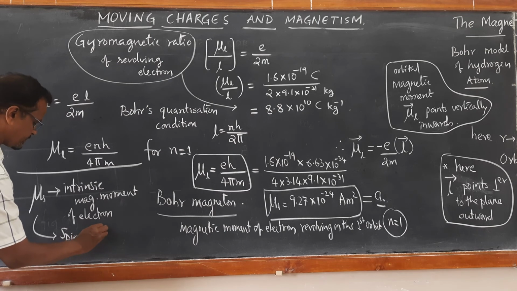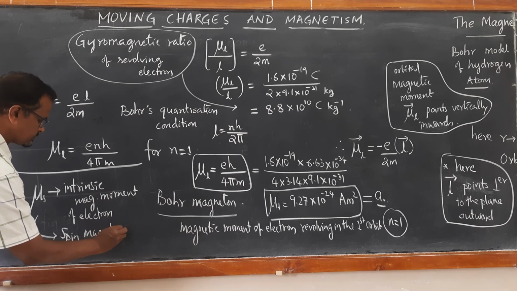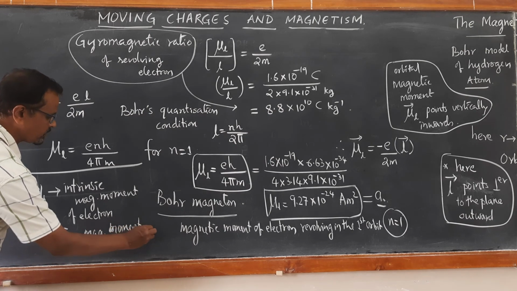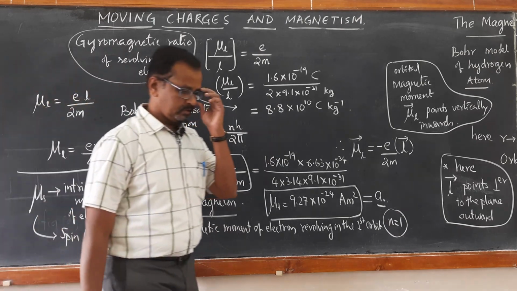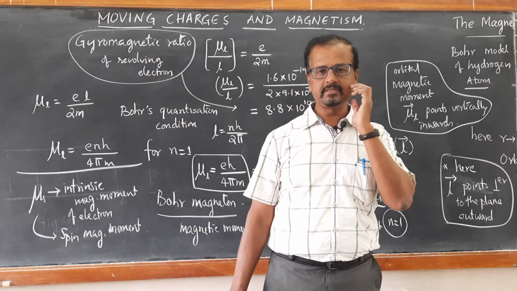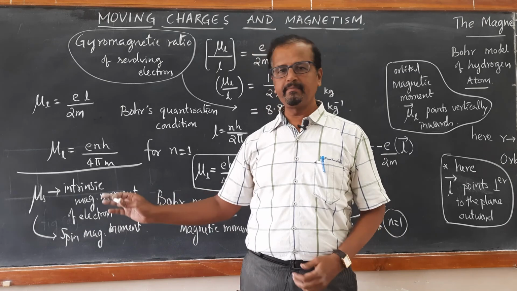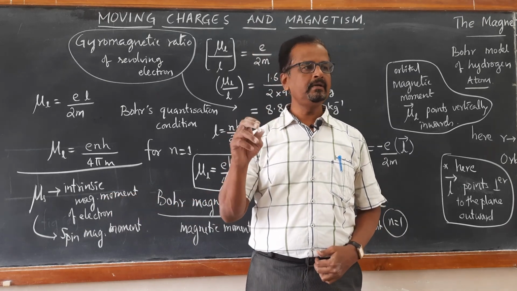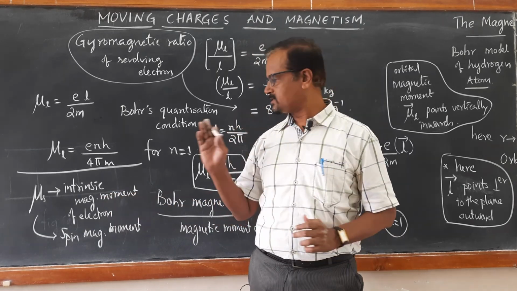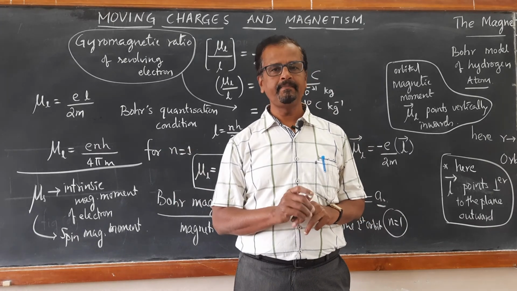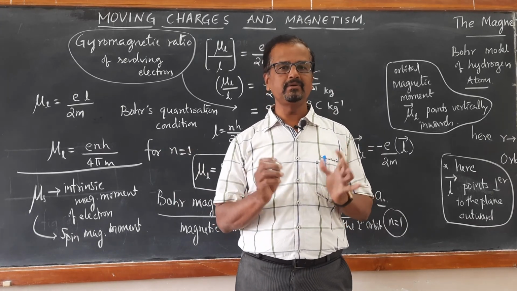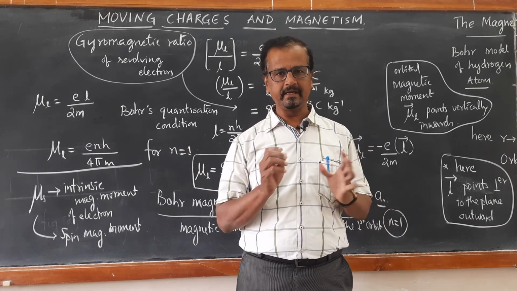This is one of the 4 fundamental quantum numbers, right? The orbital magnetic moment is denoted by mu L, the spin magnetic moment is denoted by mu S, and the principal quantum number is denoted by n.